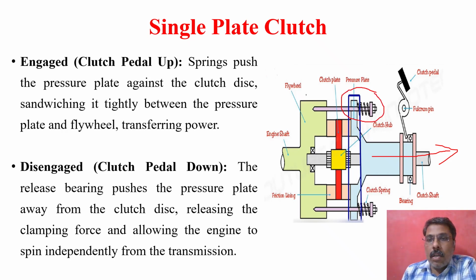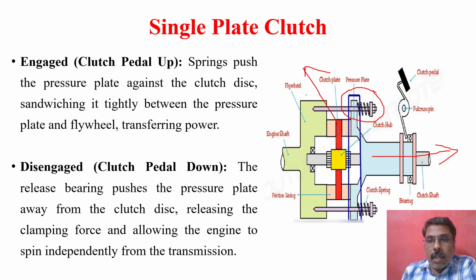Automatically the clutch plate is released from its engagement between the flywheel and the pressure plate, so no power is transferred from the flywheel to the driven shaft. This is the main working principle of the single plate clutch.